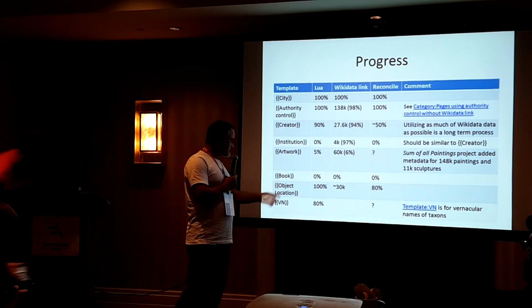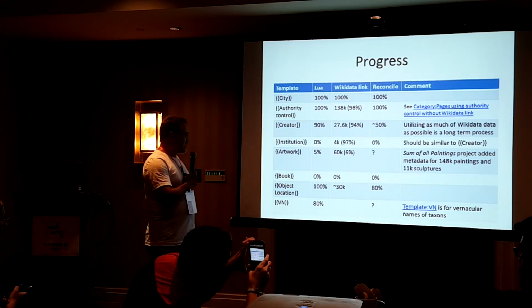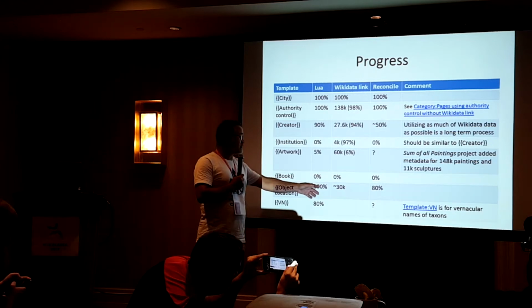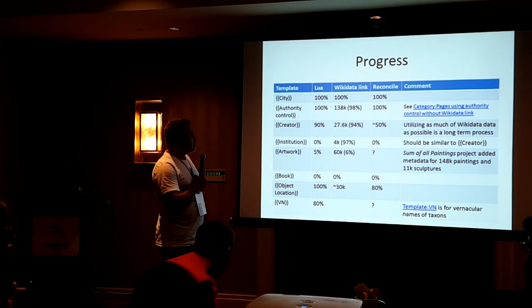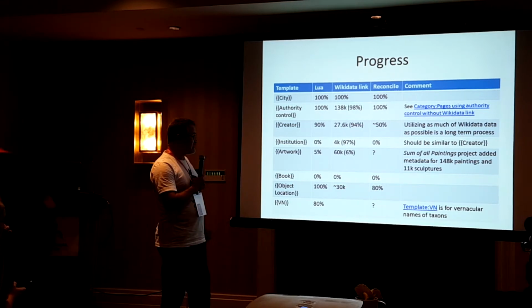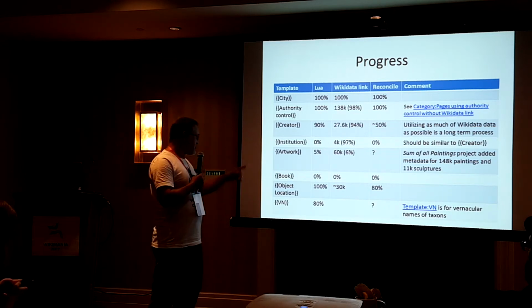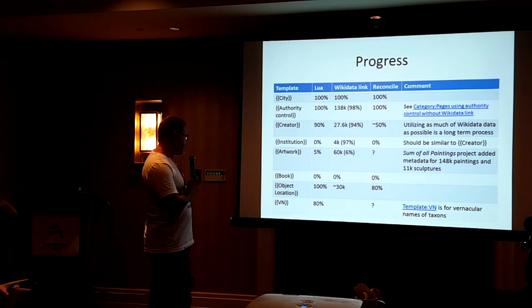Object locations: every city and town has coordinates, and we now have code to pull them from Wikidata using Lua. We have about 30,000 links, and there's a lot of work on reconciling those. I'll have more information about that.